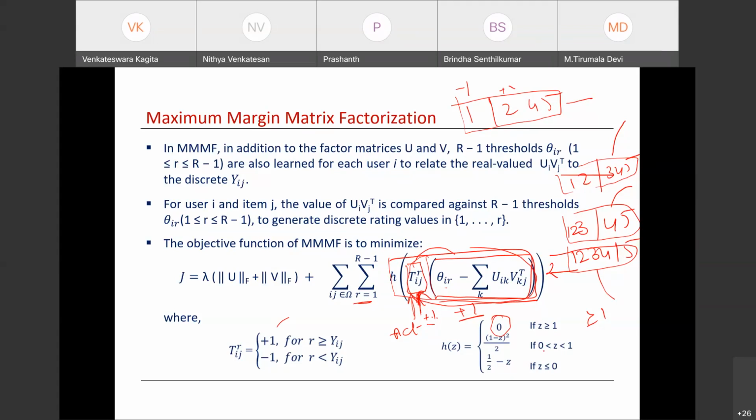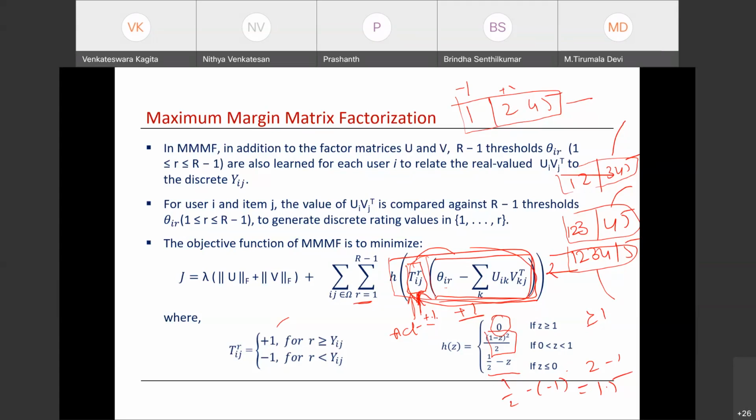If it is between 0 and 1, the prediction is incorrect but close, so don't assign too much penalty. You just assign a penalty of (1 minus z) whole squared by 2. If z is less than or equal to 0, the prediction is wrong and far away from the actual value, so you assign more penalty of minus z. If z is less than 0, say z is -1, you add a larger penalty.